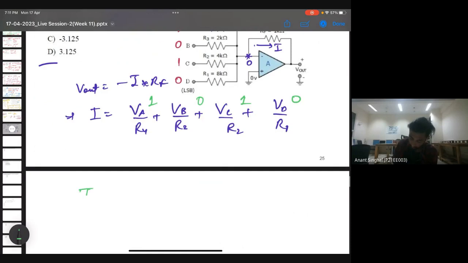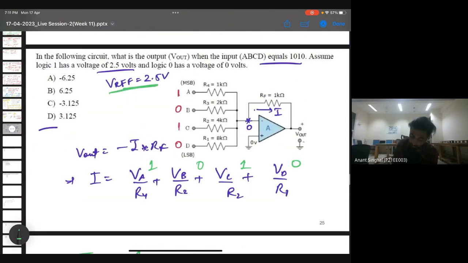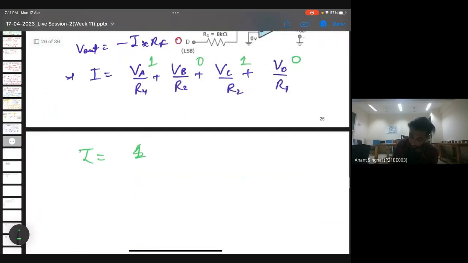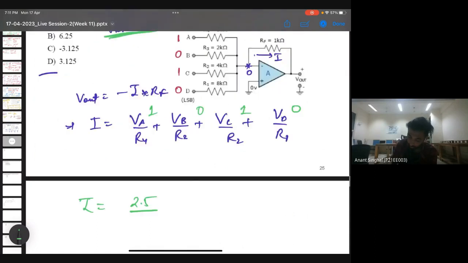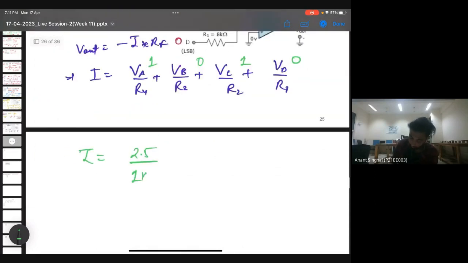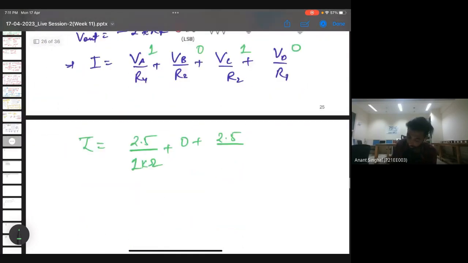So current will be 2.5 upon R4, R4 is 1 kilo ohms, then this will be 0, then 2.5 upon R2, which is 4 kilo ohms, and one more is 0.